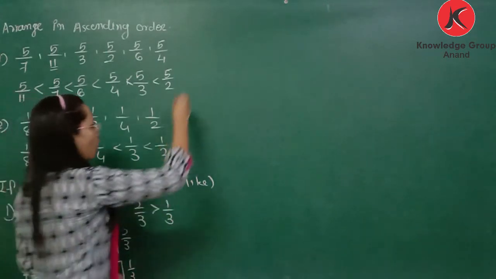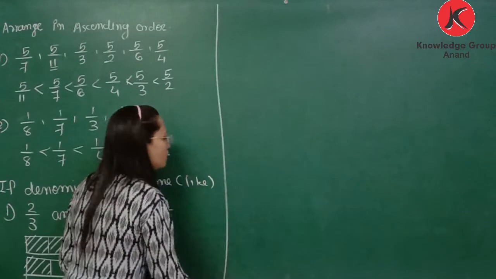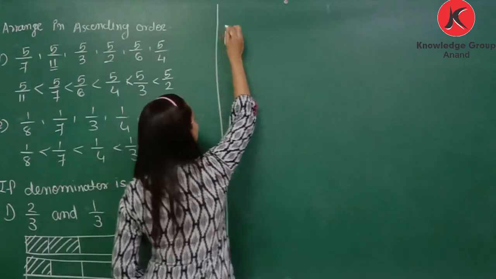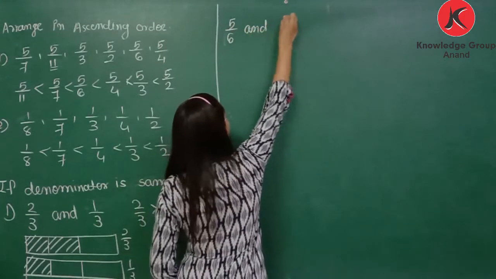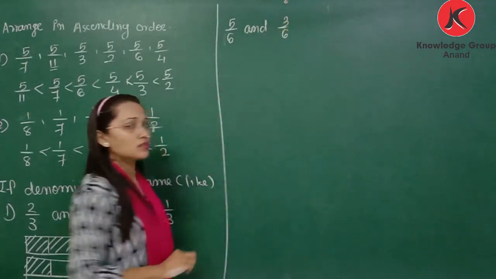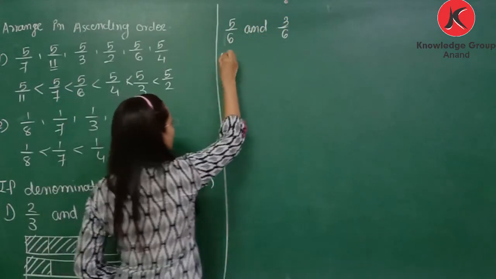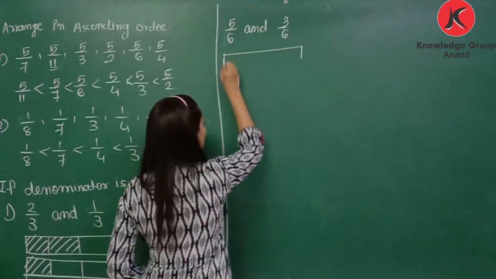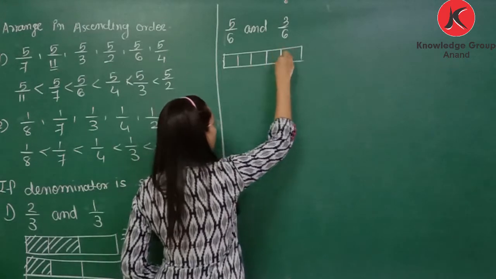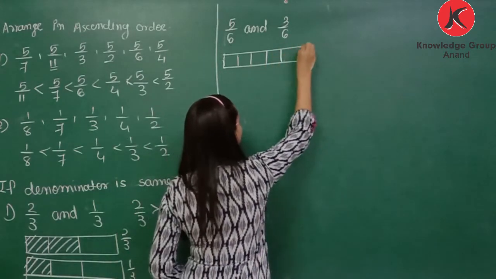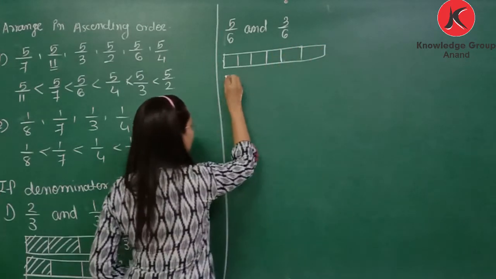Now, let's take one more example: 5 by 6 and 3 by 6. So here we divide the whole into 6 equal parts: 1, 2, 3, 4, 5 and 6.